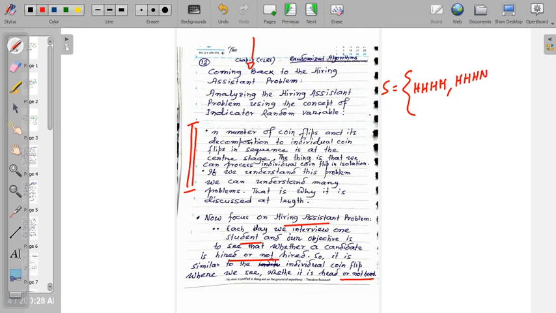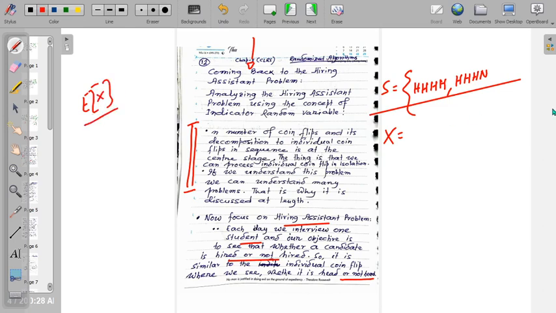Like that we can have this sample space, and then define the random variable X as how many hirings there will be. We can take the values of X, and with the help of the expectation formula, find the expectation of X. That is one way.